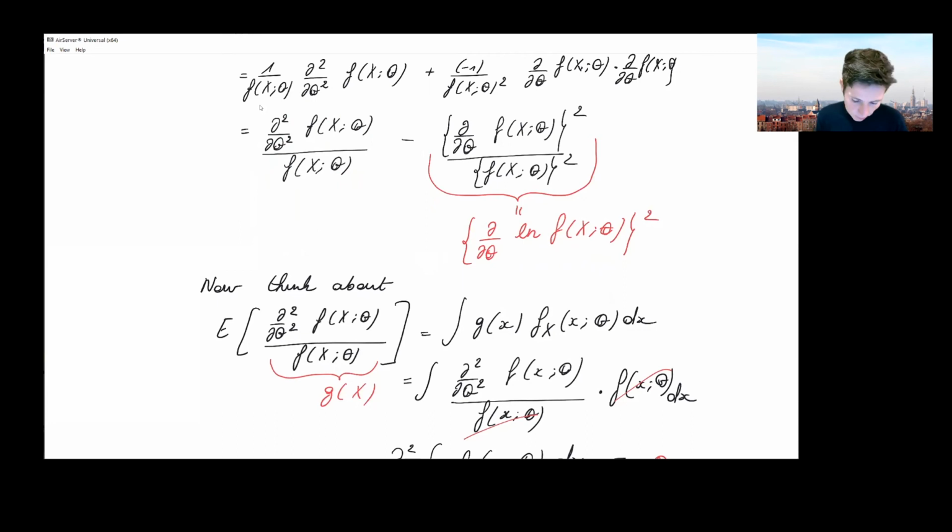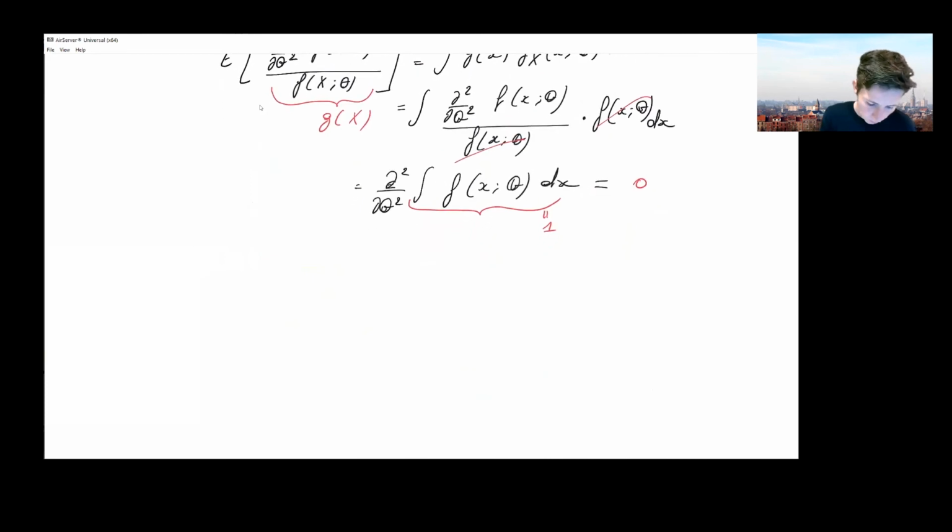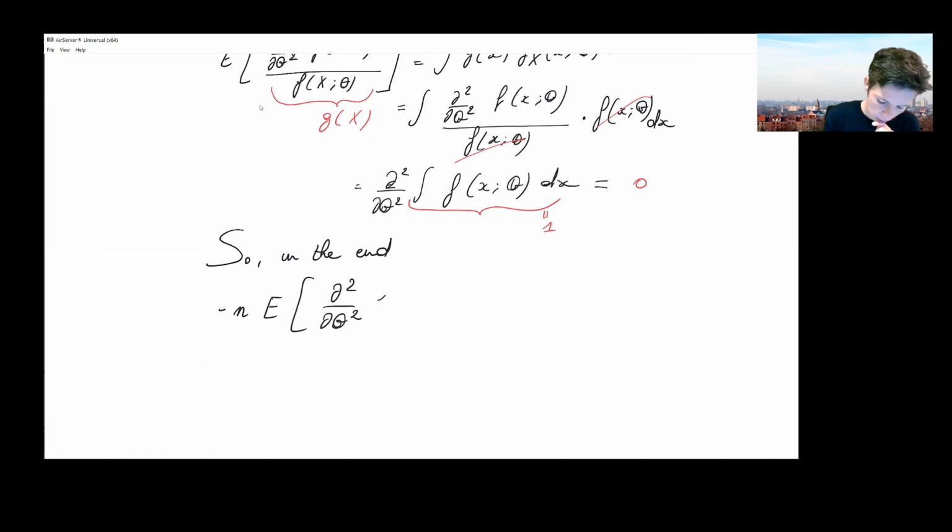So what we can decide now is that, in the final step, if I'm writing down minus n times the expected value of the second order derivatives of the log of my density, right?